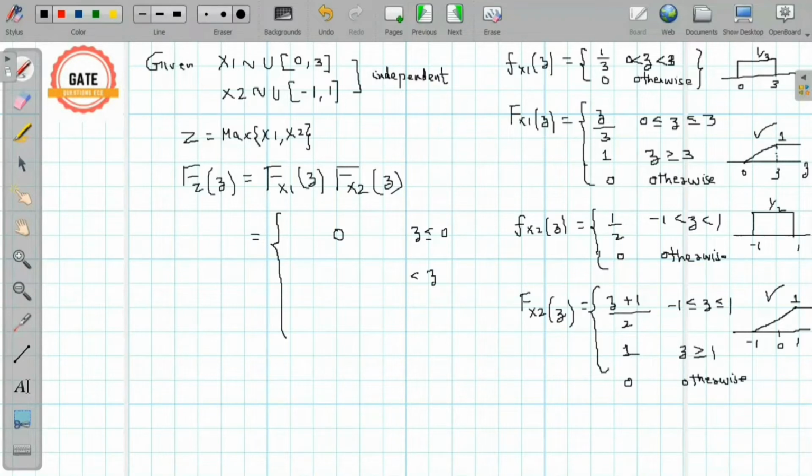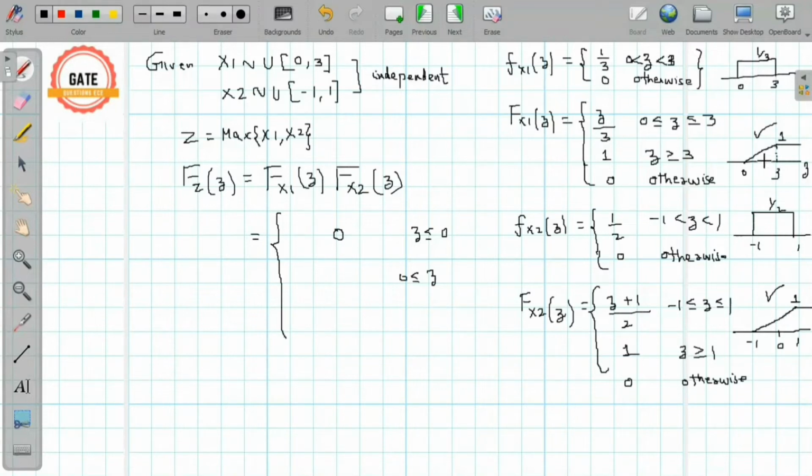And for z greater than or equal to 0, let's see what the CDF is. You can see for z greater than 0 it is non-zero here, and similarly in the CDF of x2 it is also non-zero.